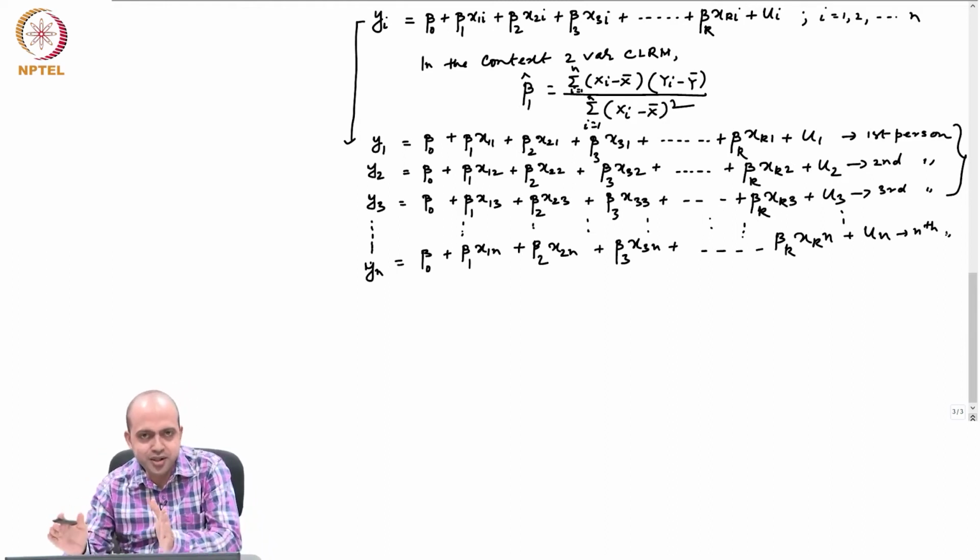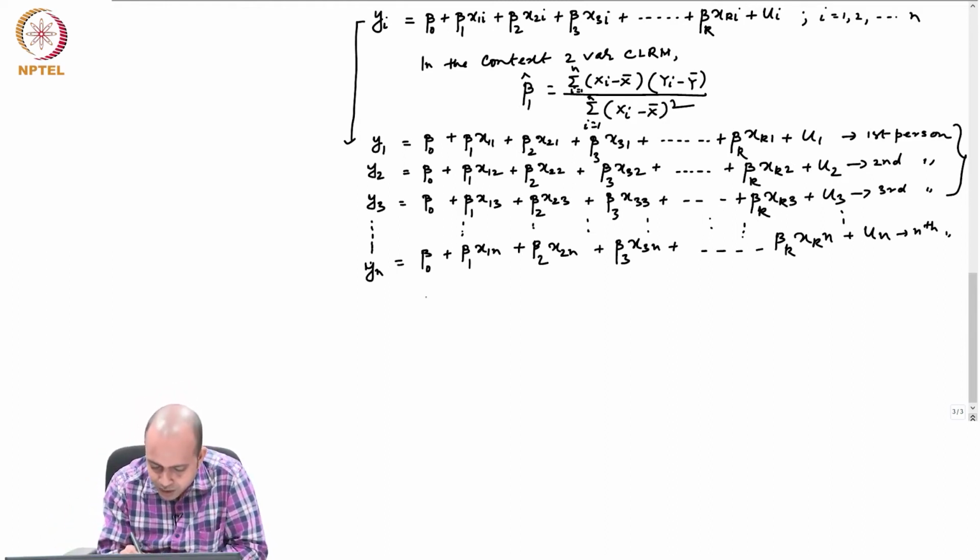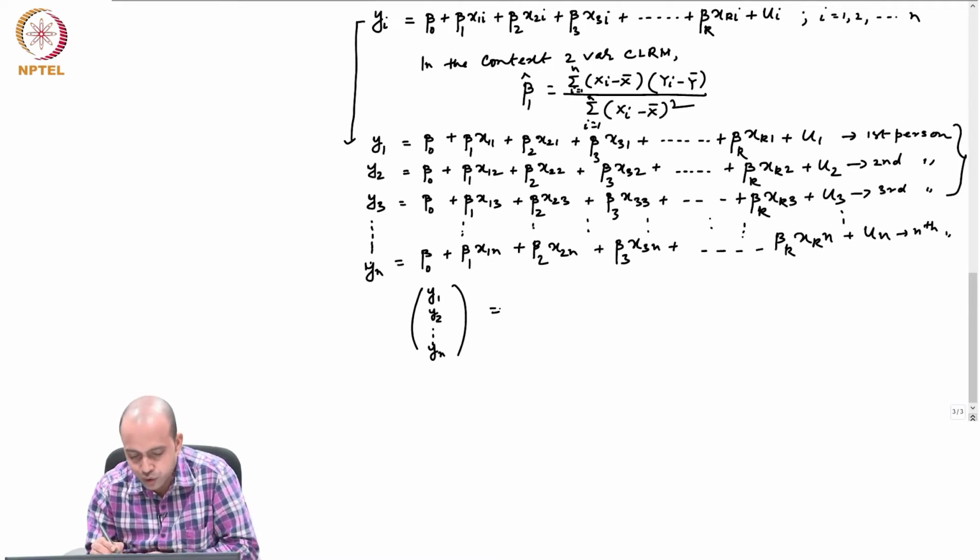And if we write this system of equations in a more compact way, then what we will write? We can write y1, y2, dot dot dot yn equals, what we can write?